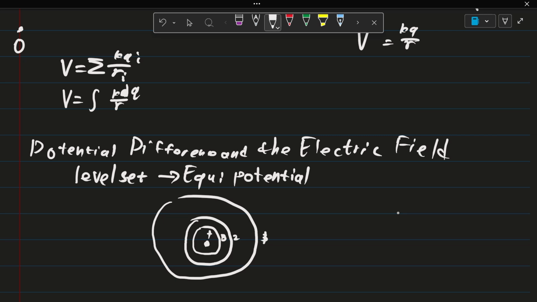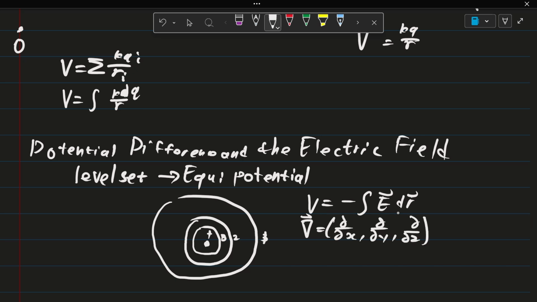Another thing to remember is that the voltage is the negative integral of E vector dr vector. And if you try to multiply both sides by a certain operator, which you call the nabla. The nabla itself is defined as partial over partial x, partial over partial y, and partial over partial z.